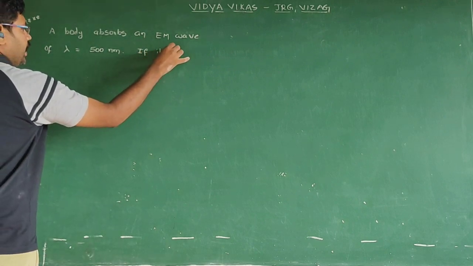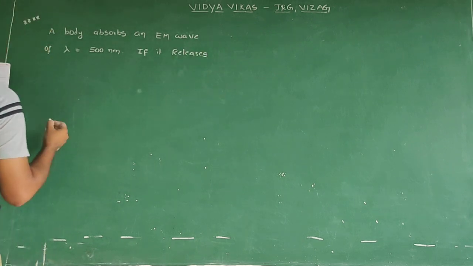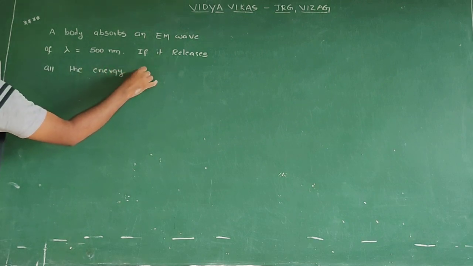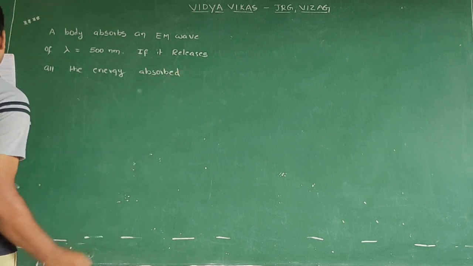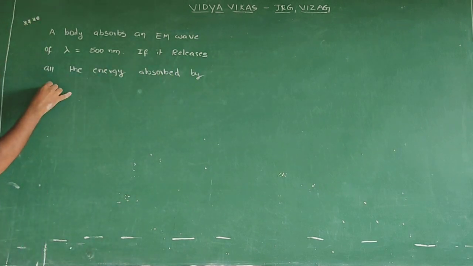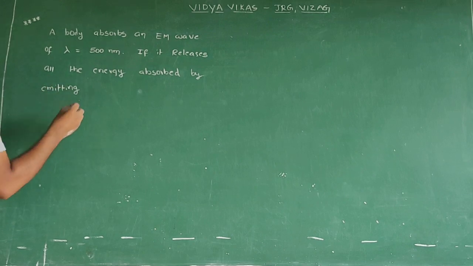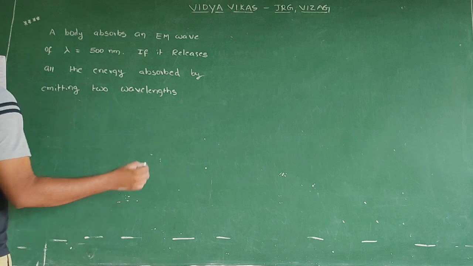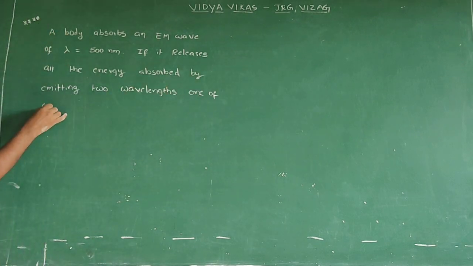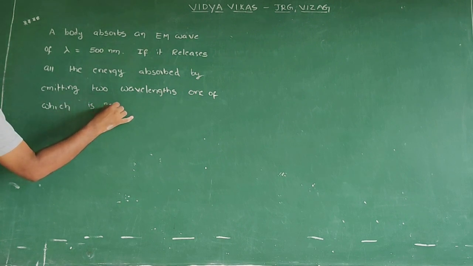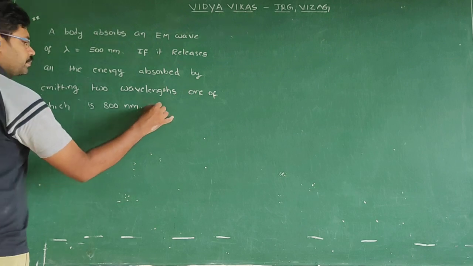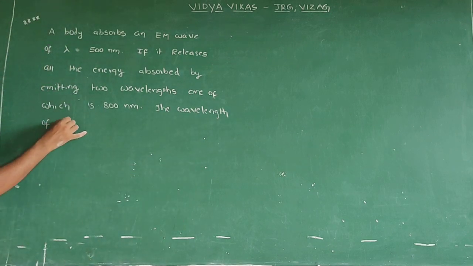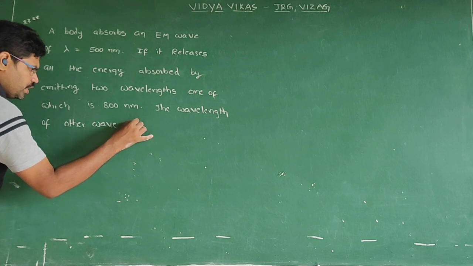If it releases all the energy absorbed by emitting two wavelengths, one of which is 800 nanometers, would you please calculate the wavelength of the other wave which is emitted?